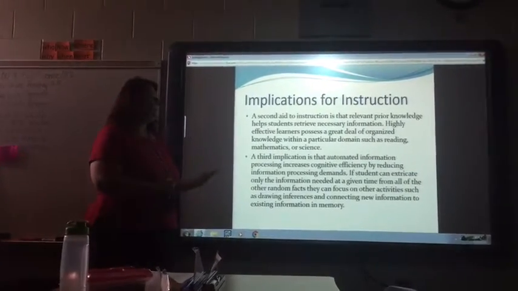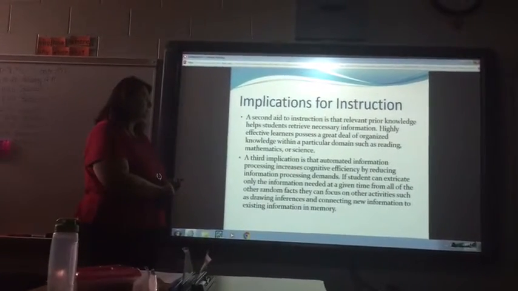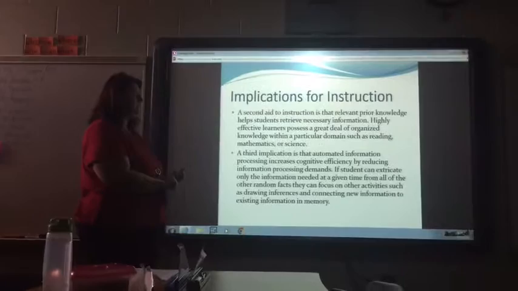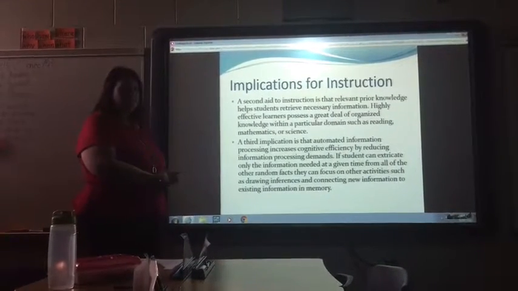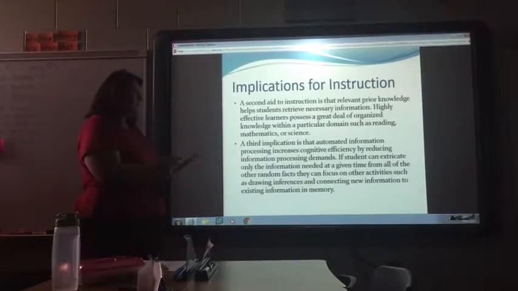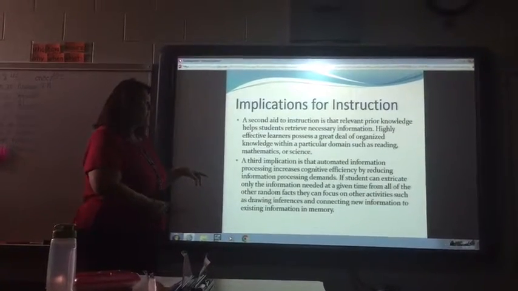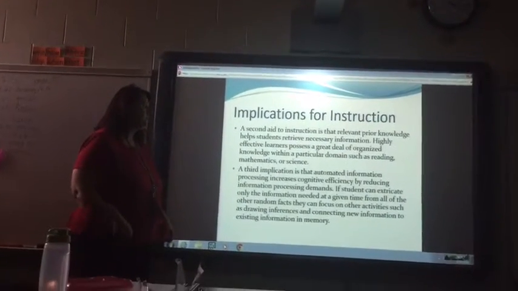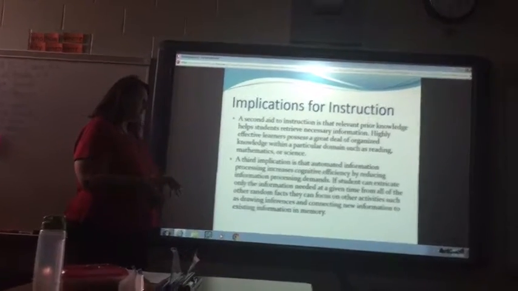Implications for instruction. A second aid to instruction is that relevant prior knowledge helps students retrieve necessary information. Highly effective learners possess a great deal of organized knowledge within a particular domain, such as reading, math, or science. A third implication is that automated information processing increases your cognitive efficiency by reducing information processing demands.